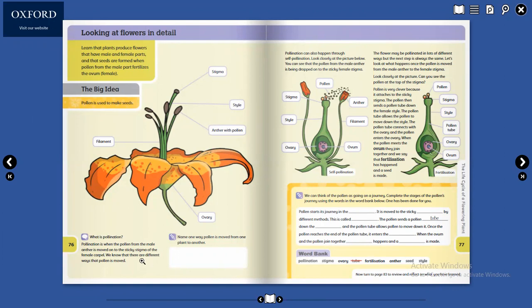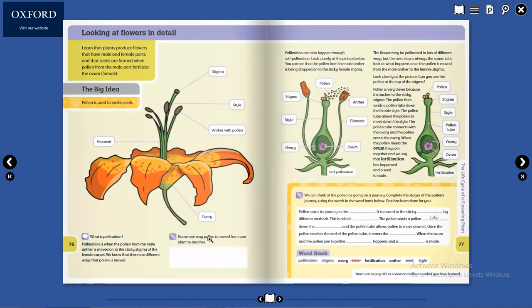There are different ways that pollen is moved: animals, insects, humans, birds, water, wind. So this pollen goes onto the sticky stigma. That's how pollination happens.